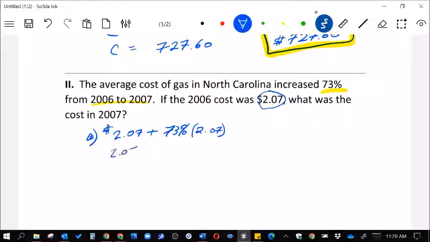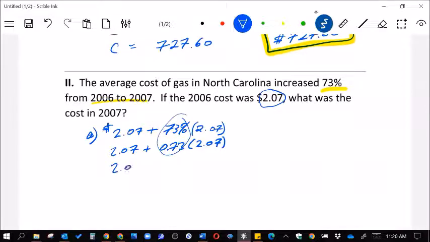So 2.07 plus 0.73 times 2.07. It's important to notice that you have to change that to a decimal. So this becomes 2.07 plus $1.51, because 73% of 2.07 is $1.51. And that means that the amount here is $3.58.